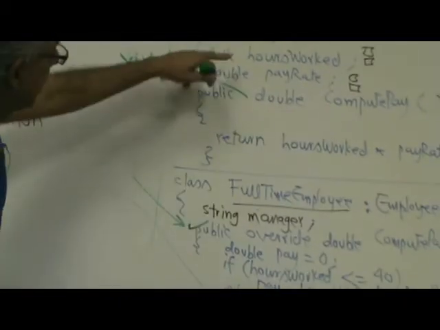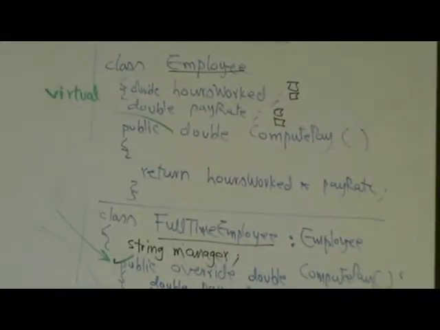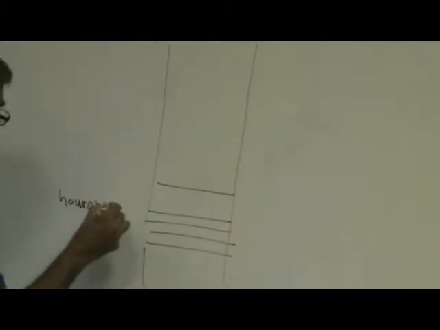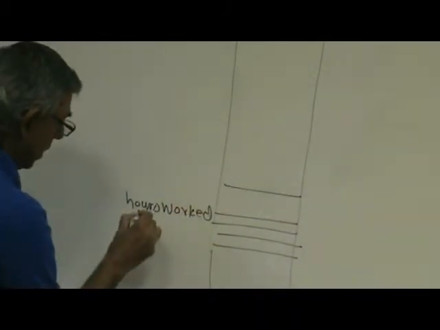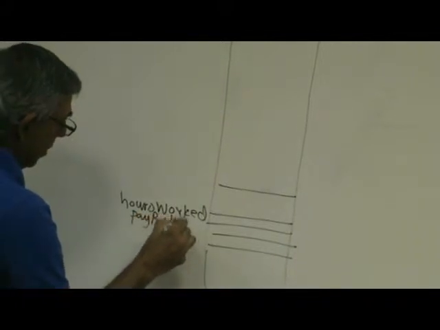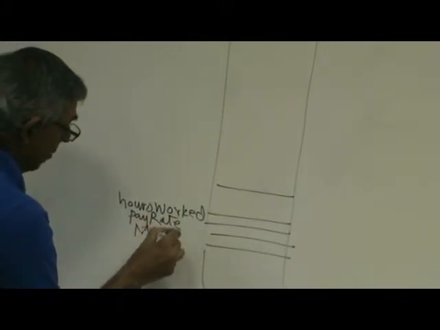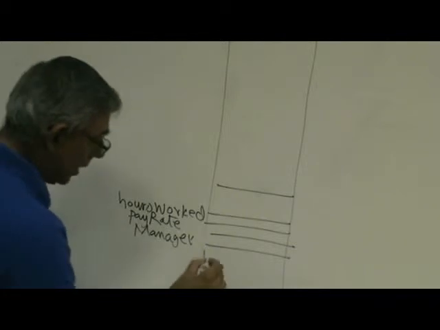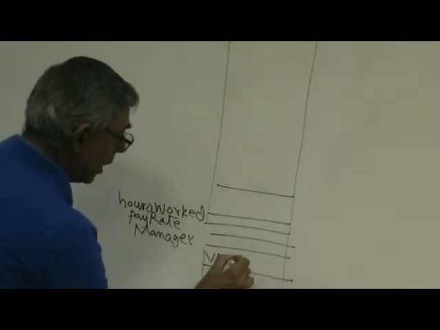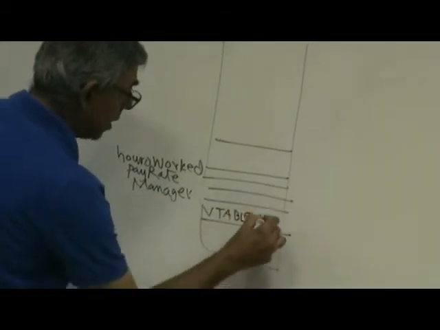In our example, we have 3 fields: manager, and 2 inherited, hours worked and pay rate. Let me draw that cleanly: hours worked, pay rate, and manager. And then there will be the vtable pointer, the extra pointer.